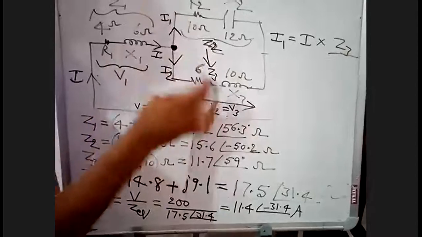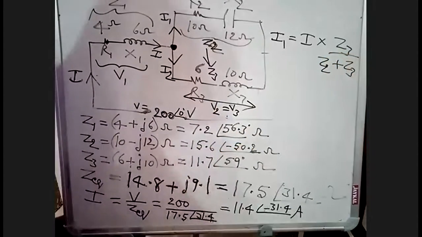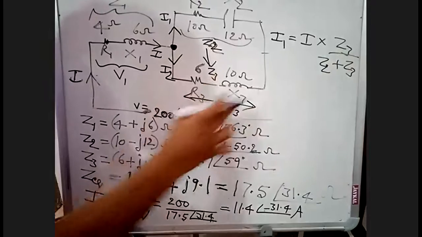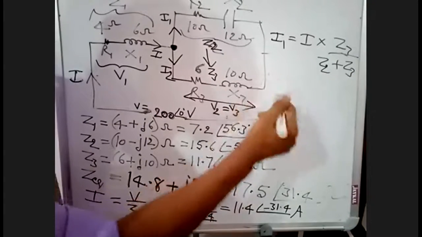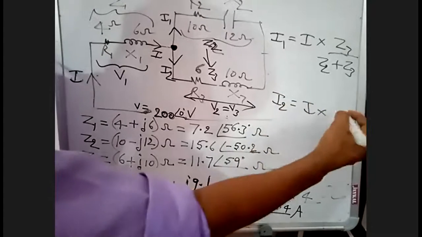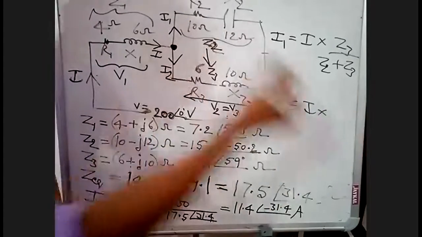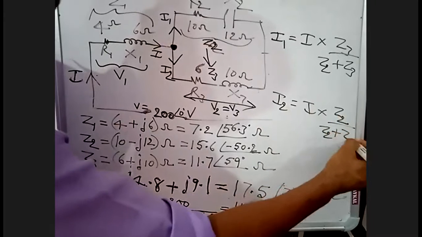I1 equals total current into Z3 by total impedance of the parallel branches, Z2 plus Z3. Similarly, I2 is equal to total current into Z2 by Z2 plus Z3.